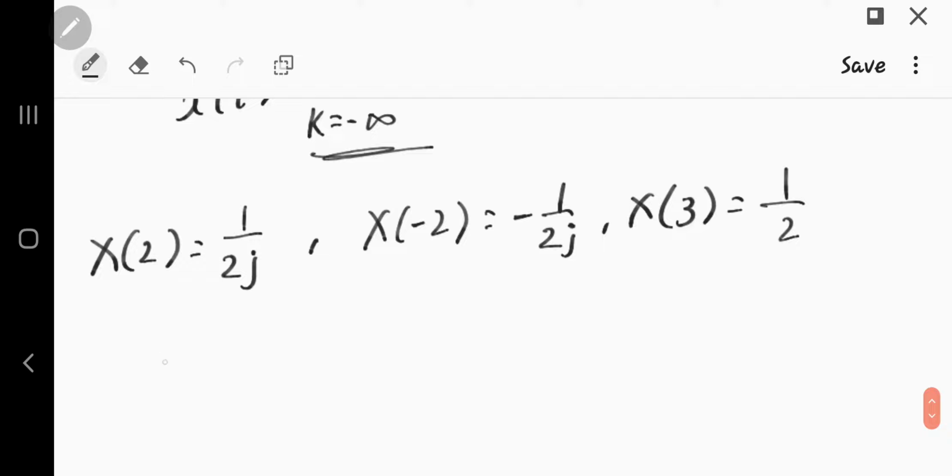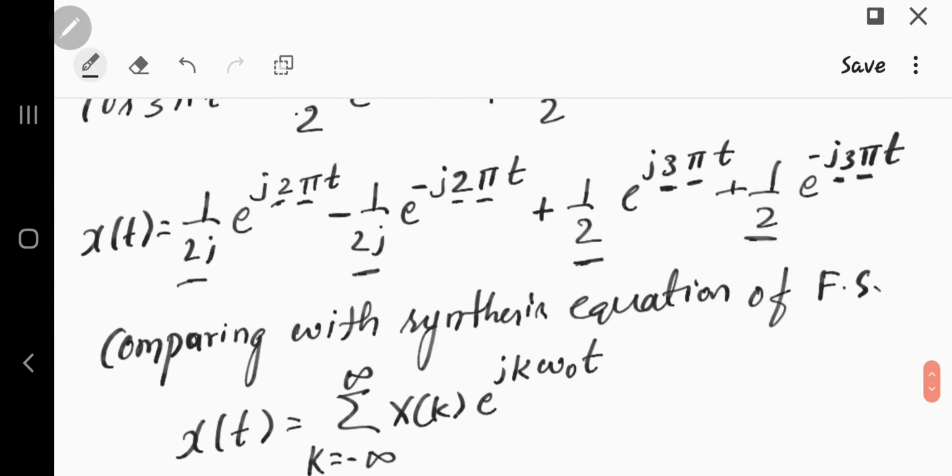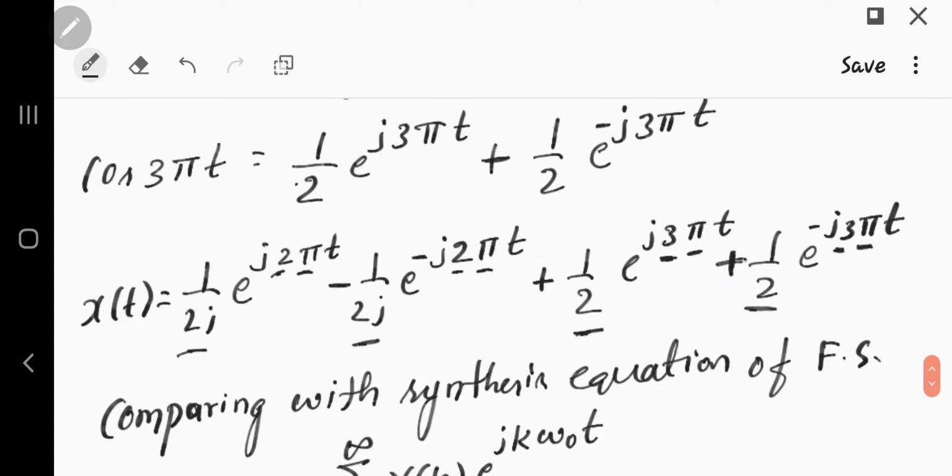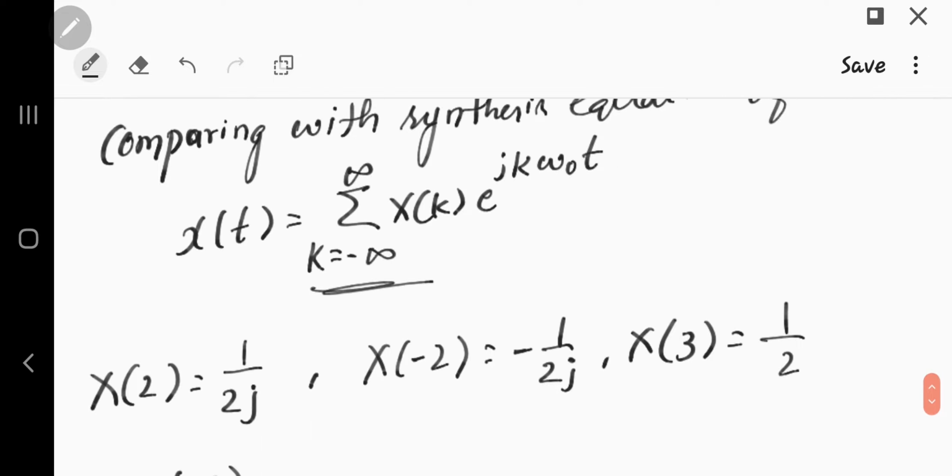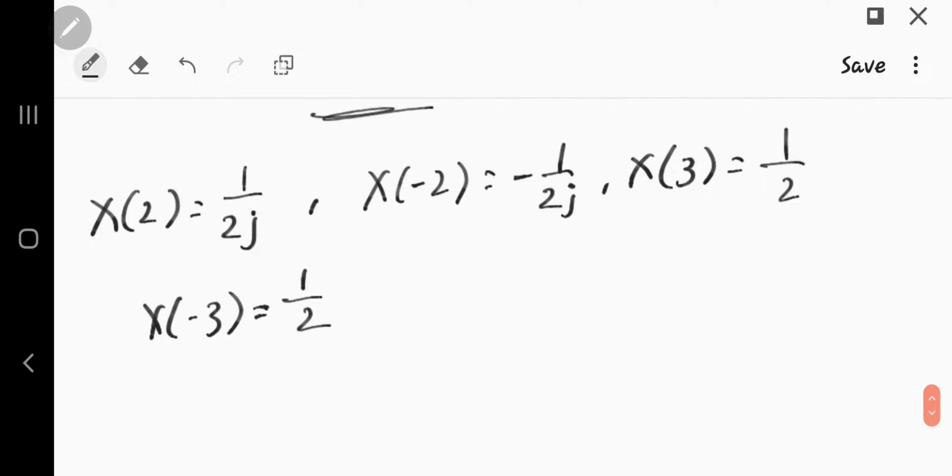And finally x of minus 3 is again plus 1 by 2 only. So these are the 4 values for x of k, the Fourier series representation of the signal.